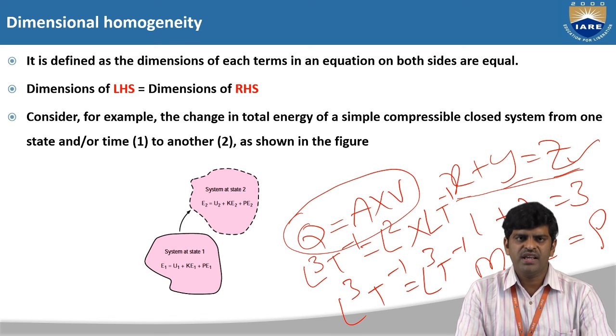Such equations are very rare, but all the equations we consider in our general practice seem to satisfy the condition of homogeneity. For example, the discharge equation, the Bernoulli's equation, all these equations are called dimensionally homogeneous equations.